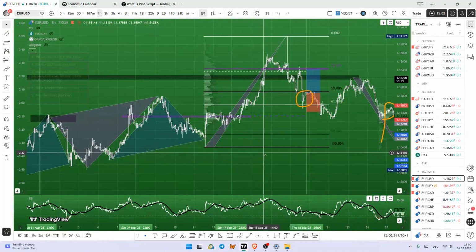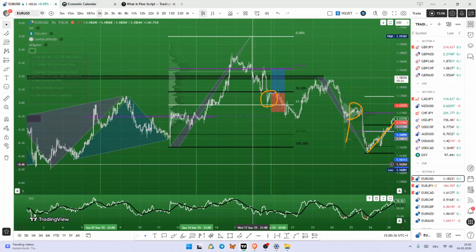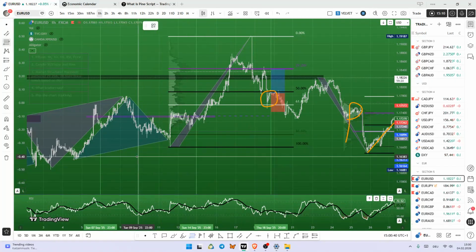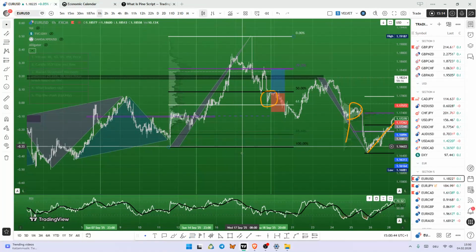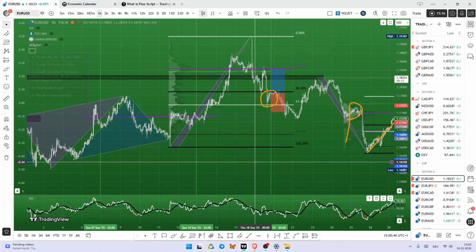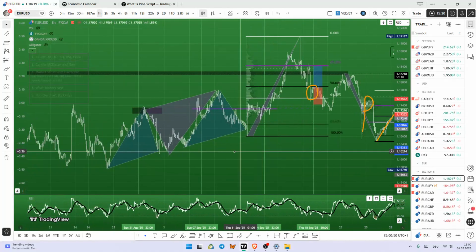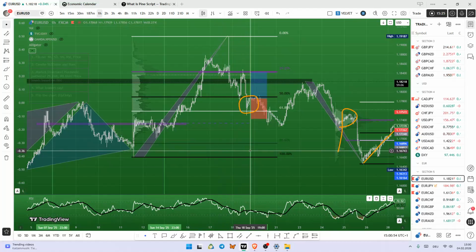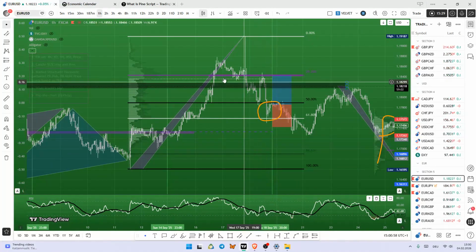And that's it. I'm not going to teach or even use myself those kinds of fibs with blue triangles, because it was only a visual help for me to remember what types of movements are in the market. And actually this is the last example.